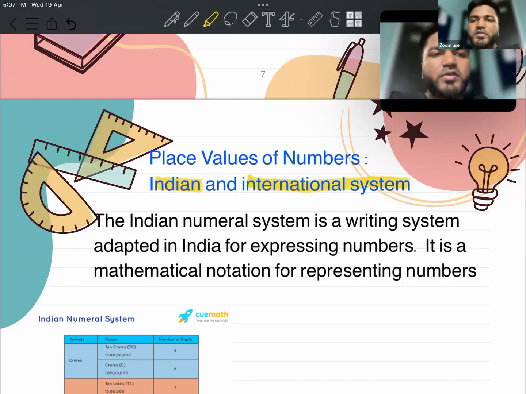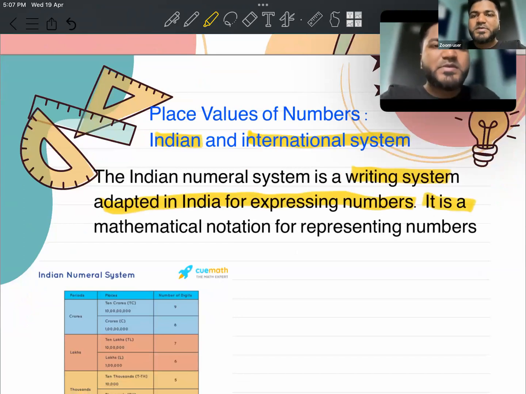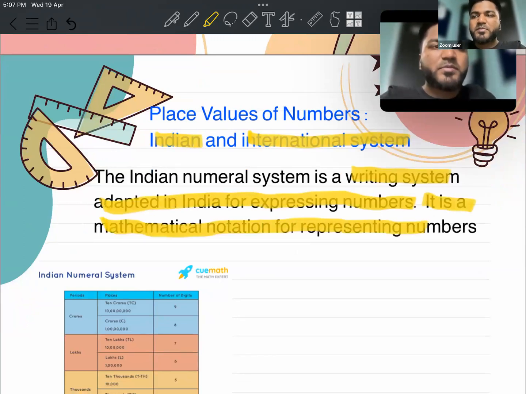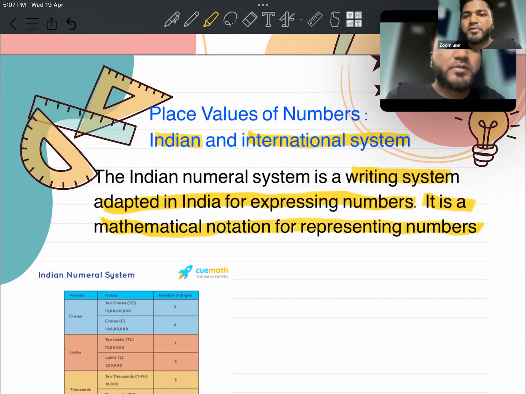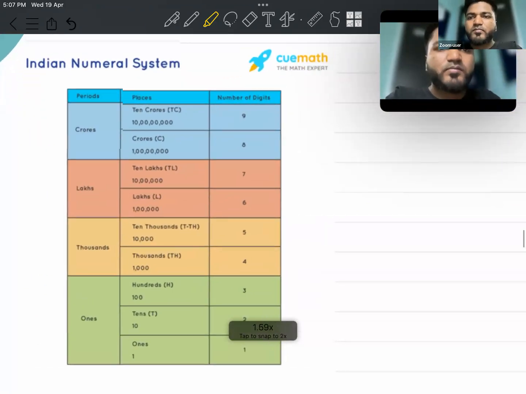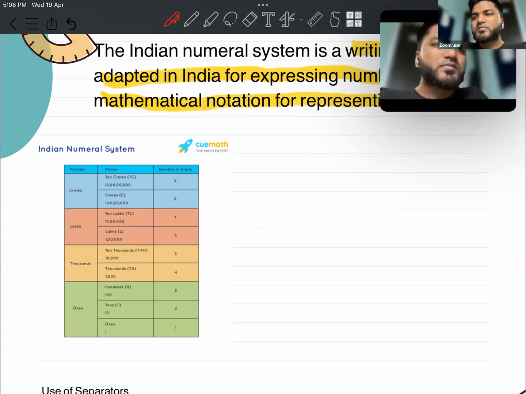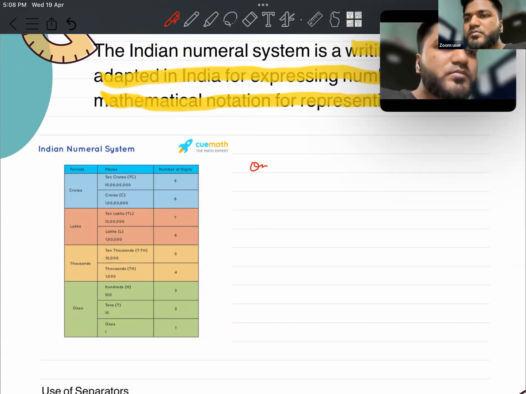The Indian numeral system is a writing system adapted in India for expressing numbers. It is basically a mathematical notation for representing numbers. Like here in the table, can you tell me the places?